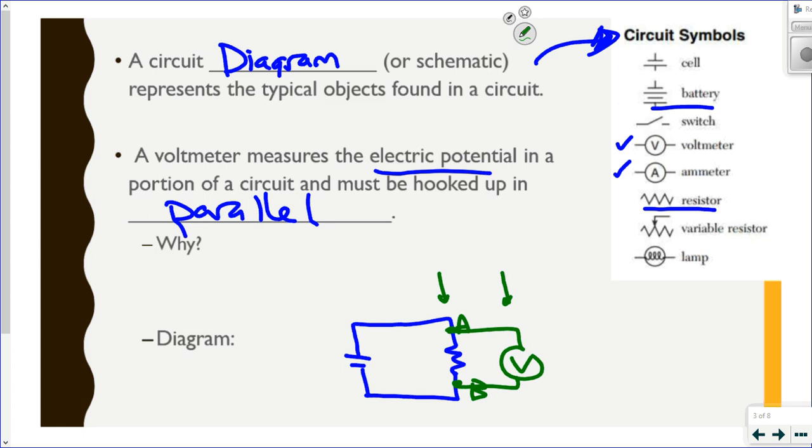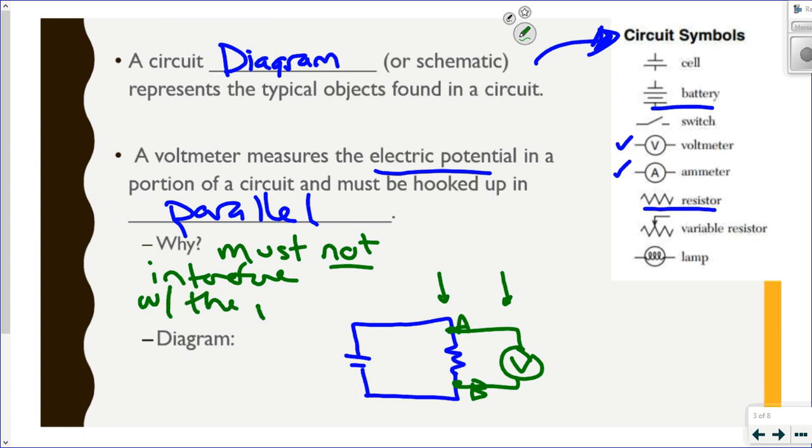Well, why would I do that? The reason is a voltmeter I'm using to measure the potential difference across the component. In this case, I'm measuring it across the resistor. The reason why I have to put it in parallel like this is because this component must not interfere with the path of the current or the circuit.